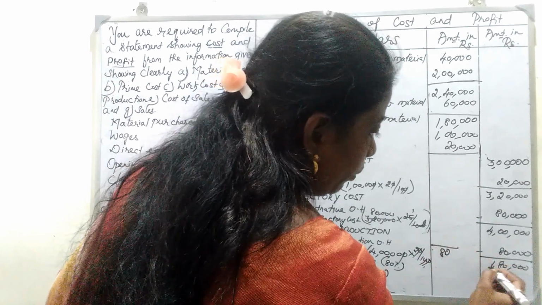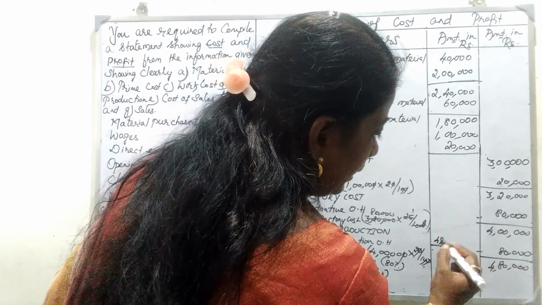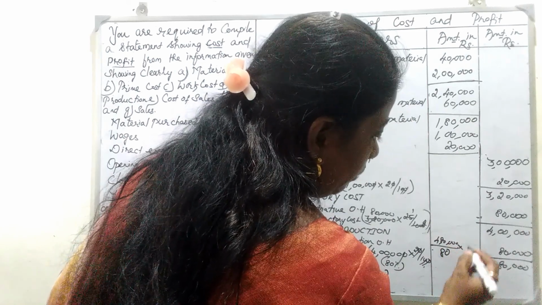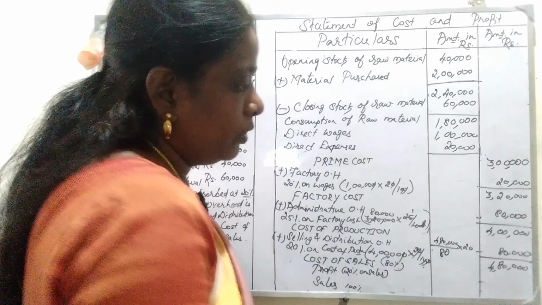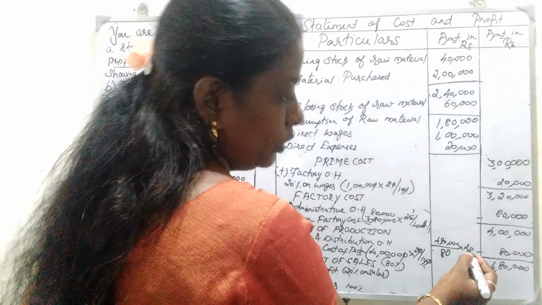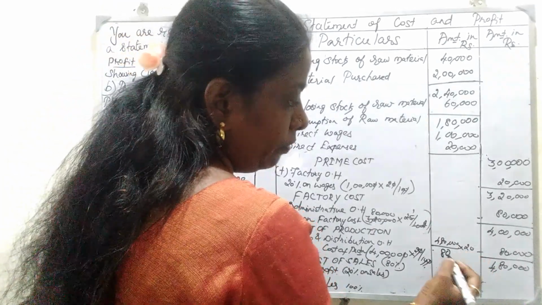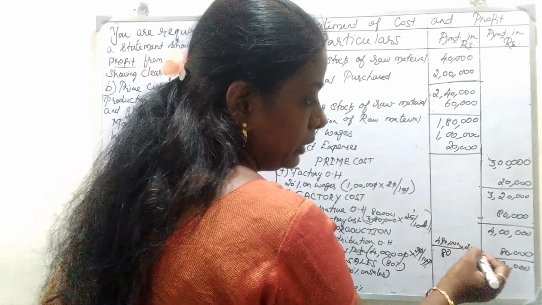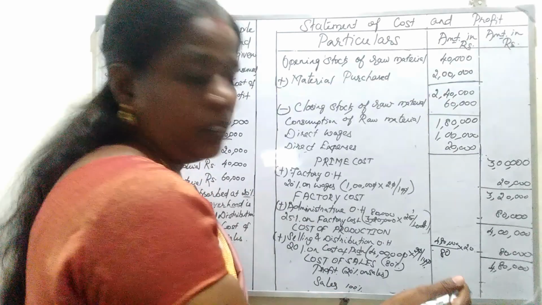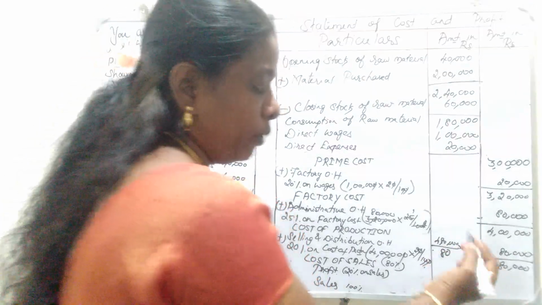Okay. So 80% is the amount value equal to 4,80,000. Therefore 20%, how much is the 20%? So that is profit. In another way, 80% is 4,80,000 into 100%, that is sales. By any method we can find any one, profit or sales.